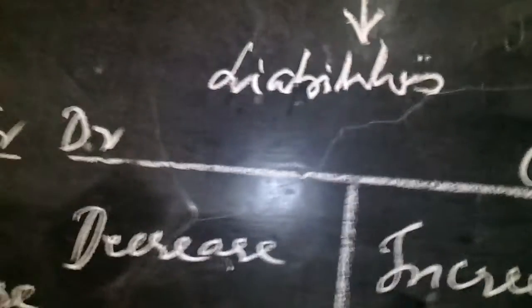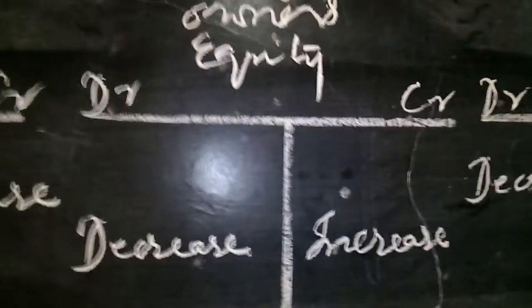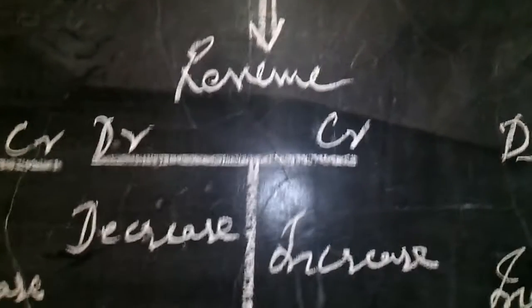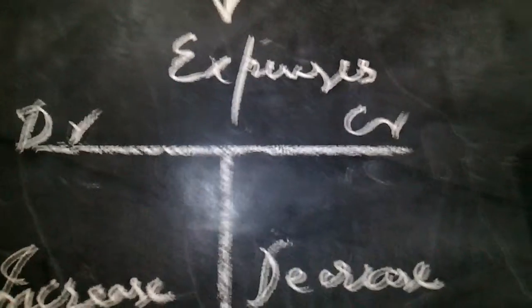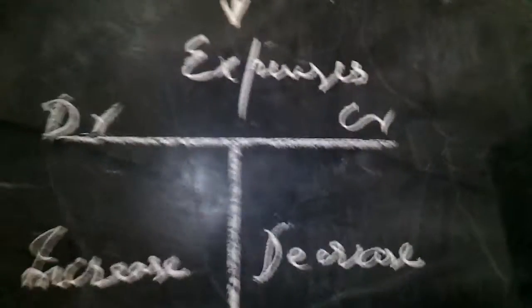An increase in a liability account is recorded on the credit side and a decrease on the debit side. An increase in owner's equity is recorded on the credit side and a decrease on the debit side. Similarly, revenue accounts increase on the credit side and decrease on the debit side. For expenses, increase goes to the debit side and decrease to the credit side.